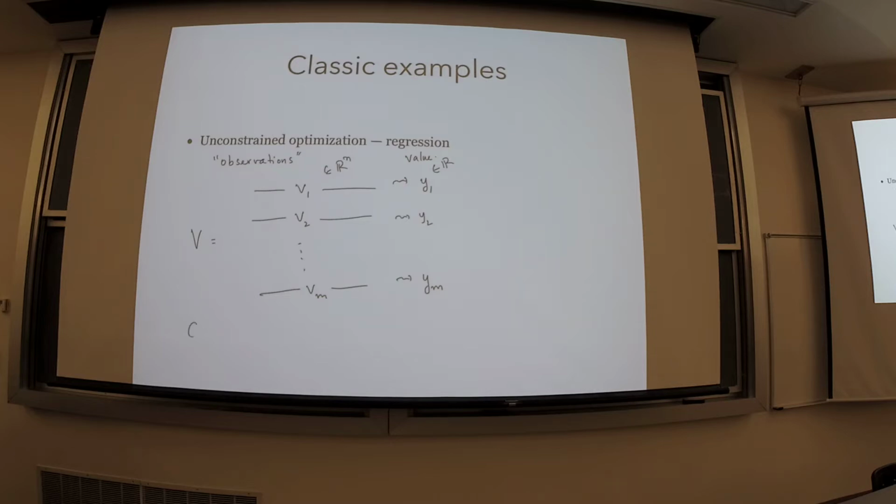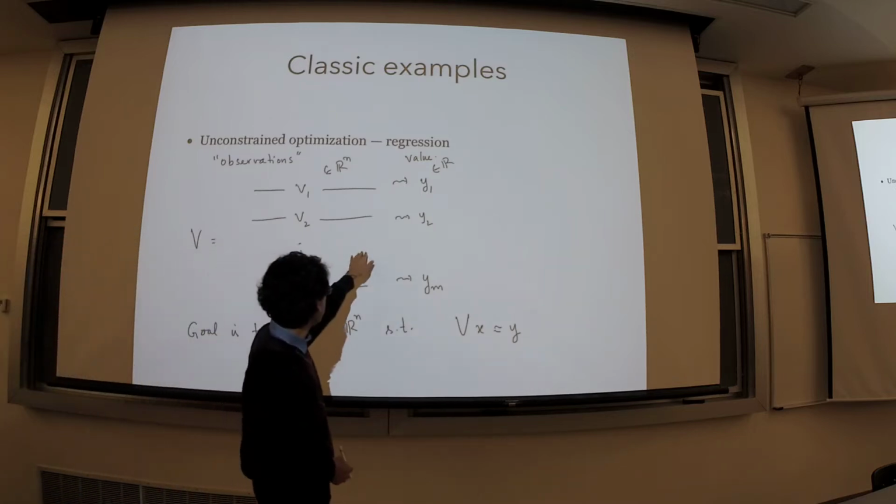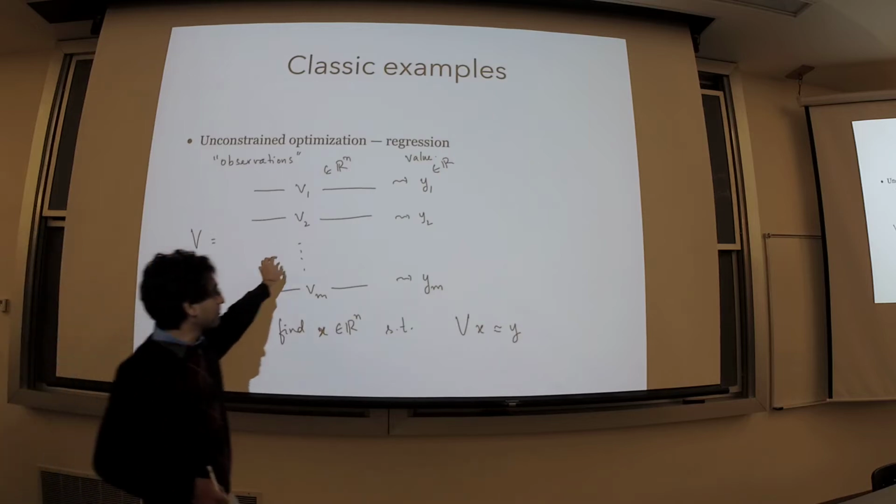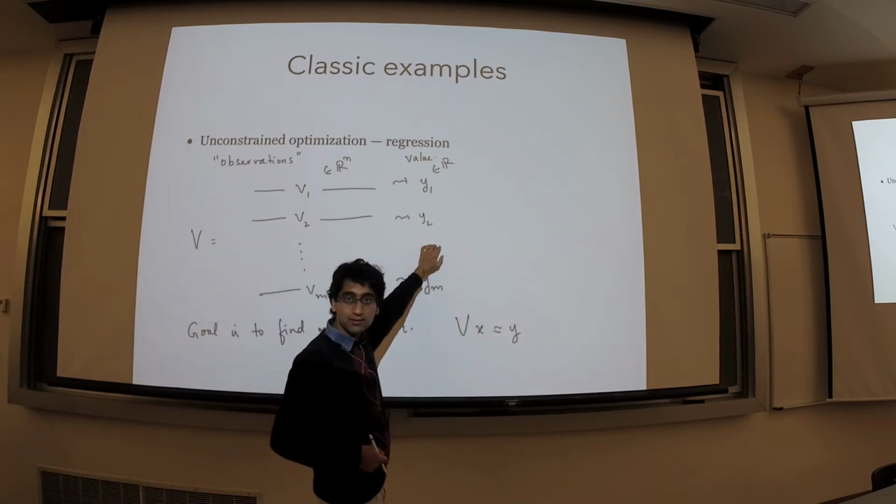The goal is to find some x, a vector in Rn, such that v times x is approximately equal to y. So in some sense we want for every i, the inner product of vi with this unknown vector x to be approximately equal to yi.